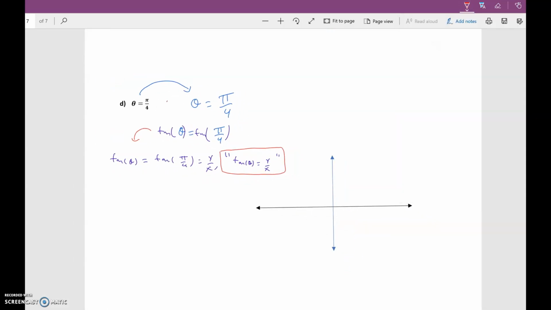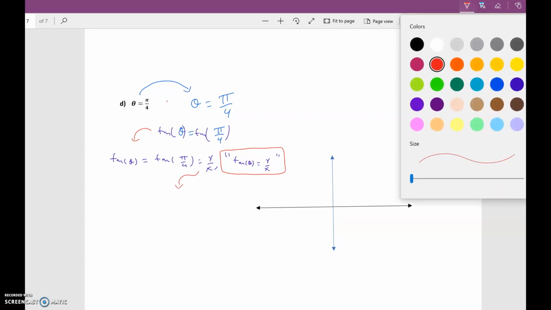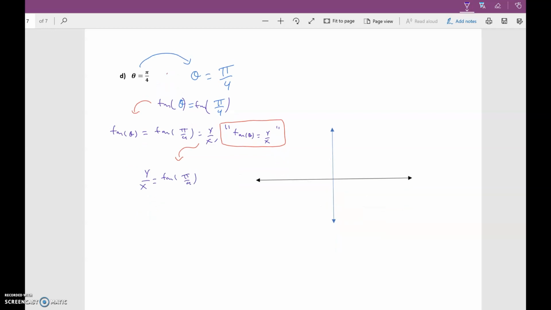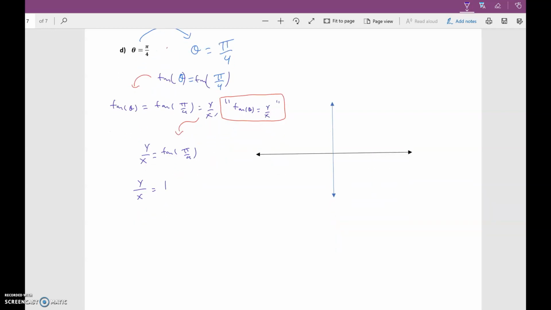At this point, we can rewrite it: y over x is equal to the tangent of pi over 4, or the sine over cosine of pi over 4, which gives y over x is equal to 1, or y is equal to x. This is what we obtain after we multiply times x and evaluate the sine of pi over 4 over the cosine of pi over 4.